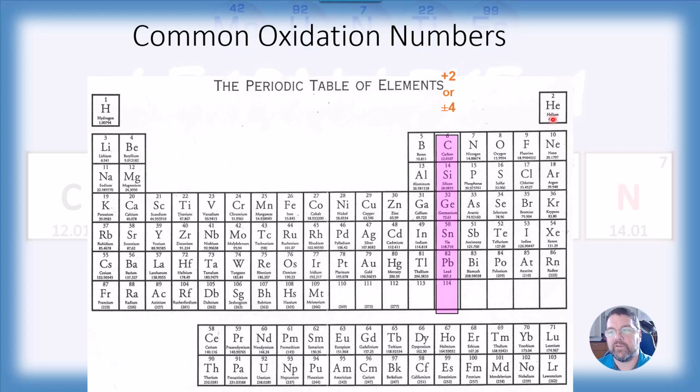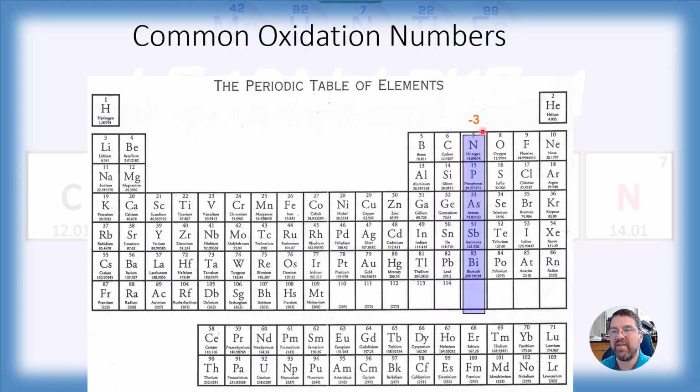And it really depends on what other element carbon is bonded to that's going to determine, is it going to gain electrons preferentially or lose electrons preferentially. So the negative charge really only applies to elements towards the top of this column. The positive applies more to the elements that are towards the bottom of this column.